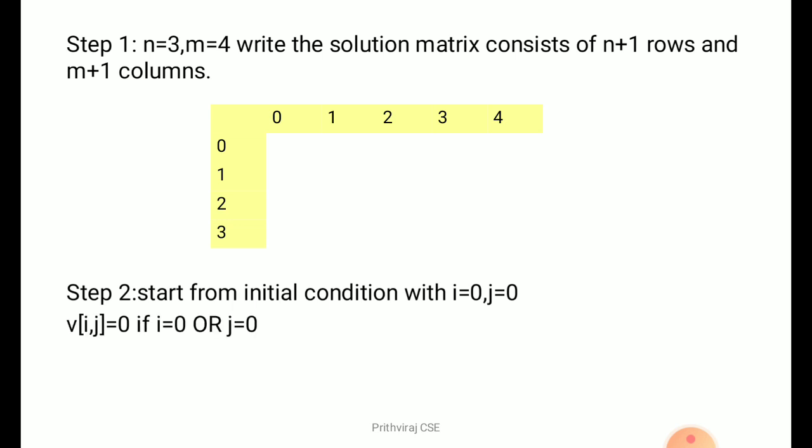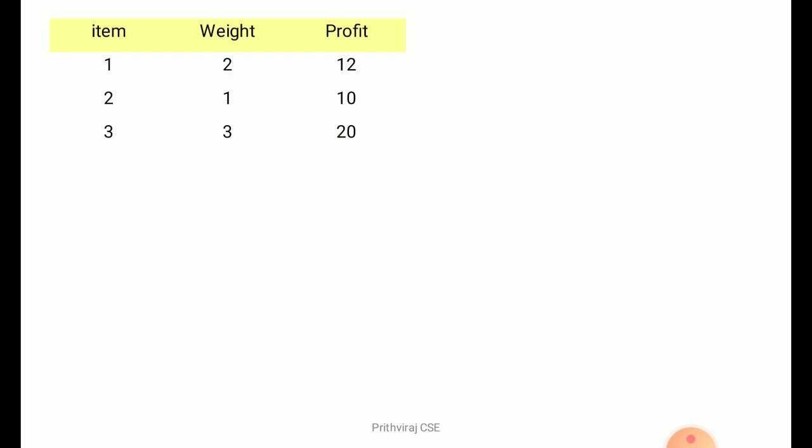According to our condition, if either i equal to 0 or j equal to 0, our V of i comma j value becomes equal to 0. So in our solution matrix, the first row and first column values will be equal to 0. Here you can see the first row and first column values are 0.